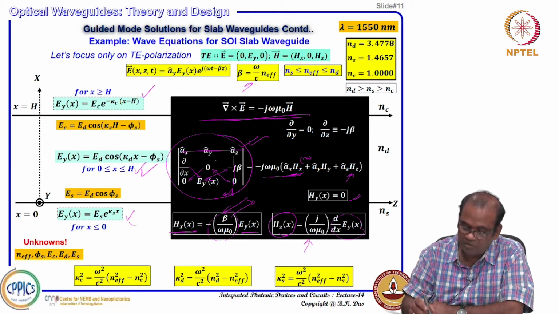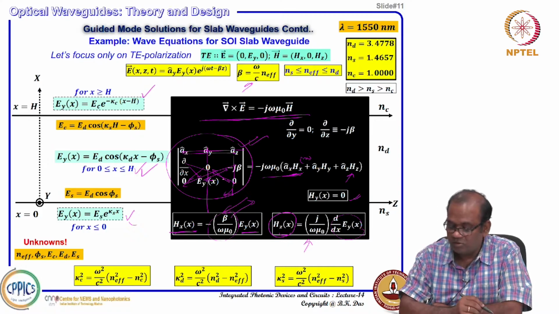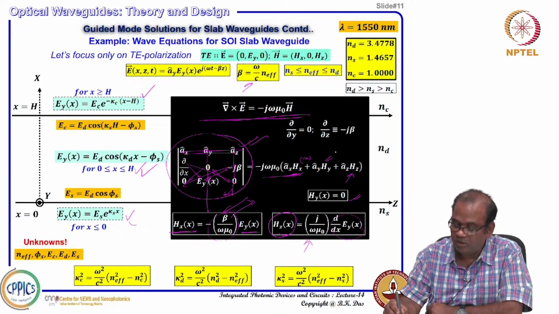And here also, if you see the y component, this one and this one barring, that means this multiplied by this one is 0 minus this by this also 0. So, obviously Hy equal to 0, that is clear.